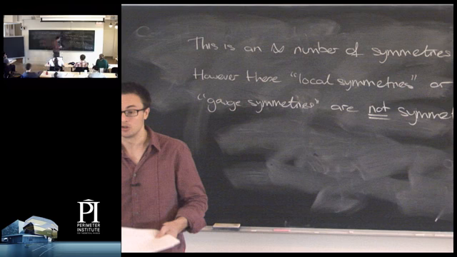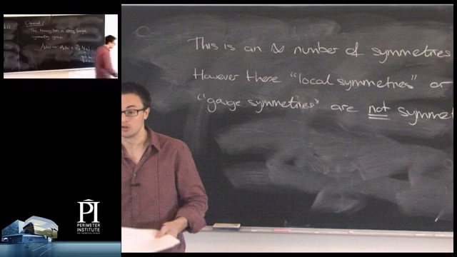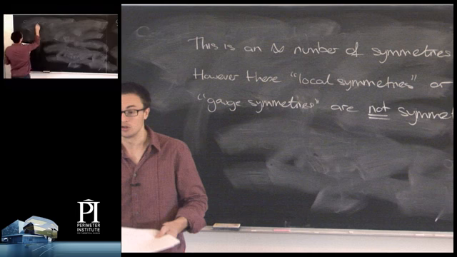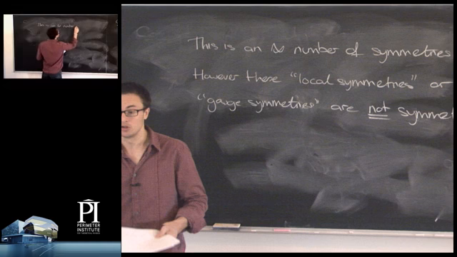Okay, let me write this down. It's important, so I actually will write this down. So this is an infinite number of symmetries. Okay, one for each function that you can write down, lambda of x.